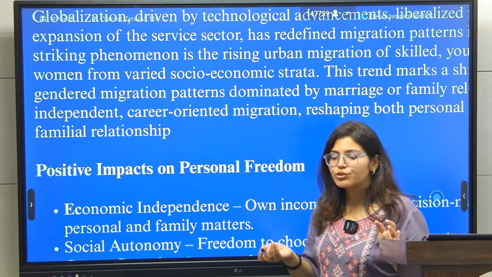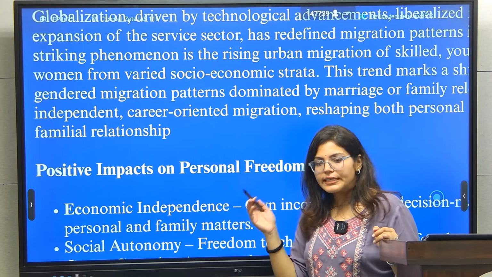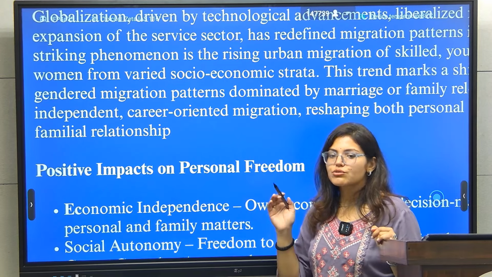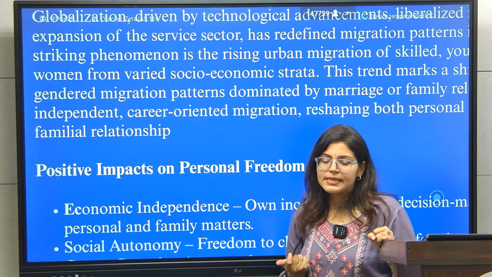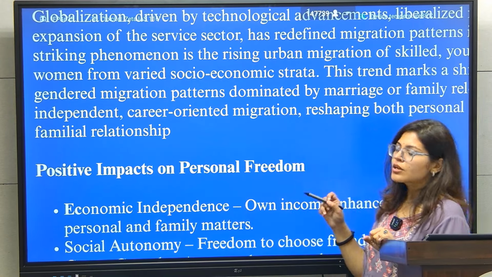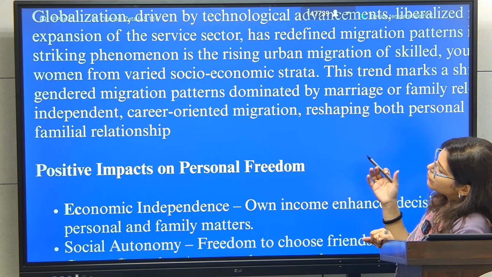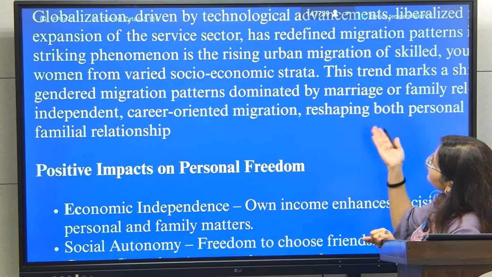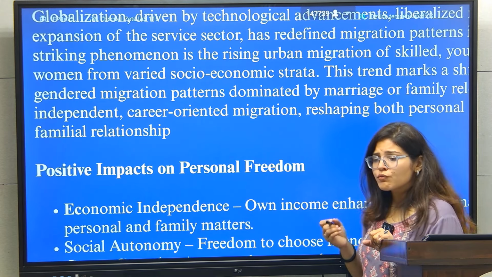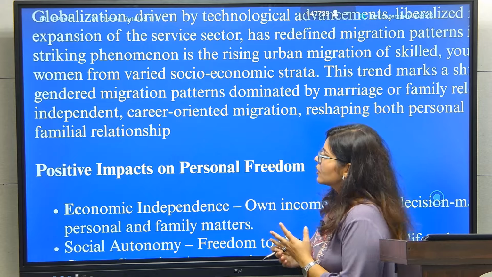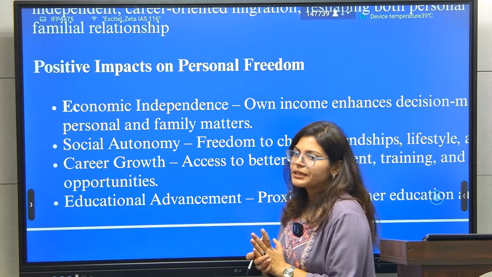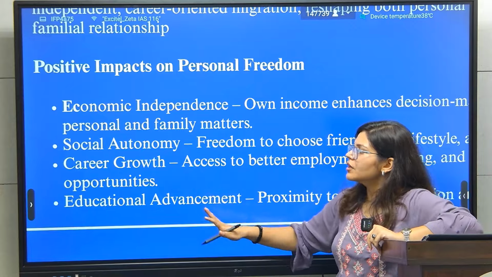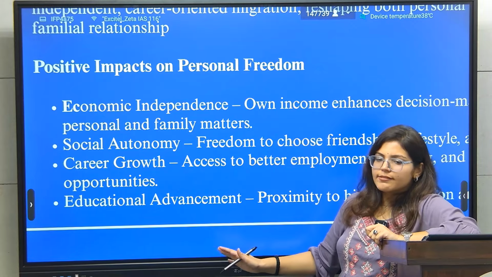Earlier, as I told you, the trend of migration was due to marriage or family, but due to this service oriented space created by urbanization, another trend is there for which women are migrating. Positive impact on personal freedom: there is more economic independence, more social autonomy, career growth, education advancement.